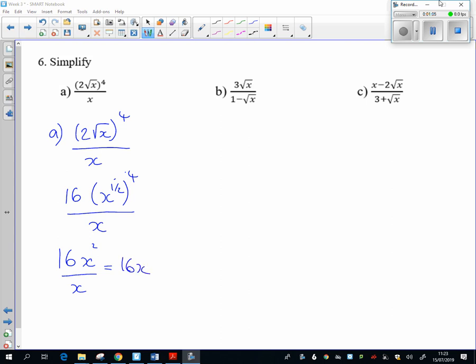Okay, B is actually a rationalizing the denominator question, so very similar to earlier on this homework, but you cannot just plug this straight into your calculator. So 3 root x over 1 minus root x. I'm going to multiply through by 1 plus root x over 1 plus root x.